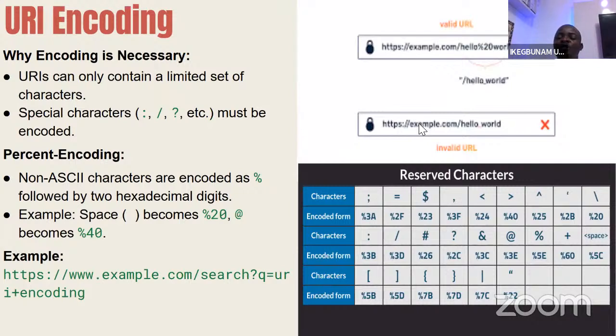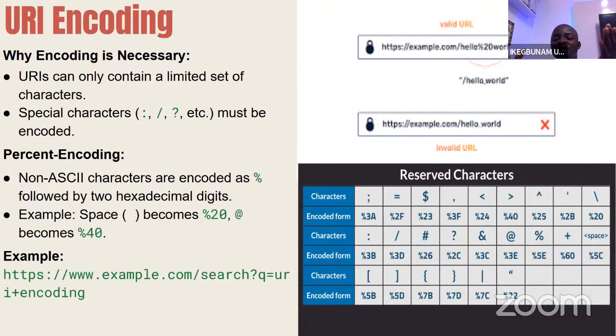Slash is used to locate a particular path on a uniform resource identifier. Then when we're talking about percent encoding, if you have a space between two characters, like if you go to your browser URL bar and type, maybe in Google, what is a noun, or should I say what is technology?